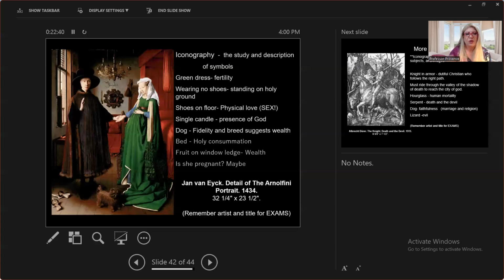Okay, so if we look, there's only one candle that's lit up here in the chandelier. Okay, and it's amazing, Jan van Eyck, his ability to convey realism. So definitely some realism when we look at this work, right?